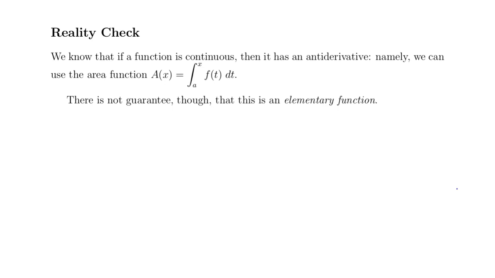That's not a guarantee, though, that it's an elementary function. We may not be able to write it down specifically just using basic function types and combinations of those things. For instance, if we wanted to do something like this, I'll just do e to the x squared for now. This function does not have an elementary antiderivative, meaning I cannot write this down as some capital F of x plus c, where capital F of x is like a basic function type.